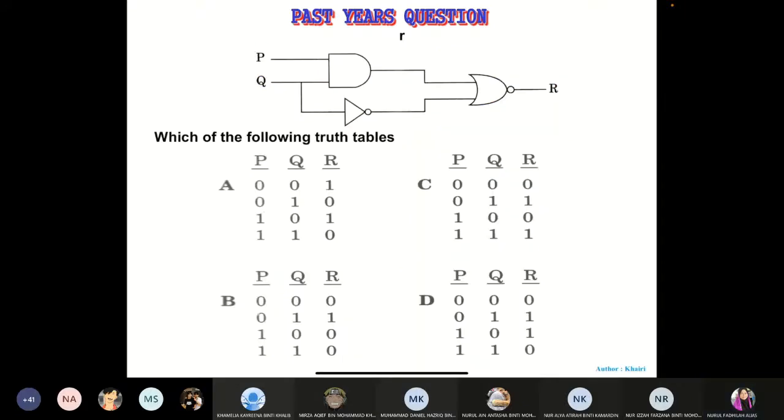Next. Which of the following truth table represent output R in the circuit? Rabia? Is Rabia here? Rabia? Yes, teacher. Try. 0, 0, 1, 1. Q. 0, 1, 0, 1. So this Q, the same will go down here. 0, 1, 0, 1.